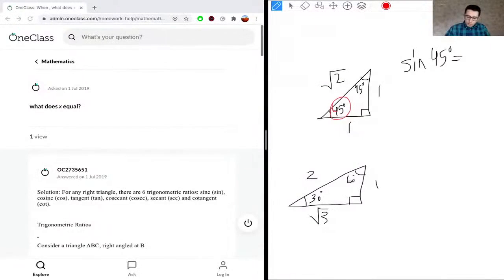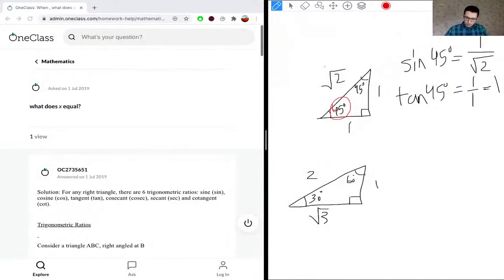So opposite, which is 1, over hypotenuse, square root 2. So that's the easy way to evaluate that. Another example would be tan 45, which is opposite over adjacent, which is just 1 over 1, which equals 1.